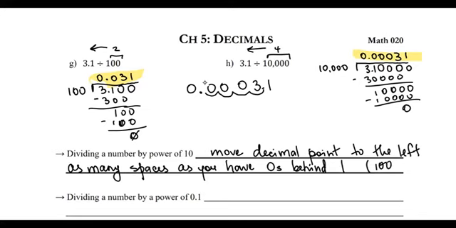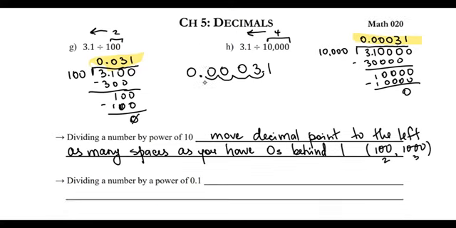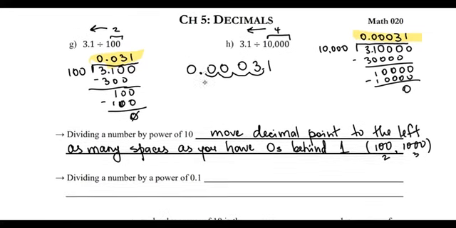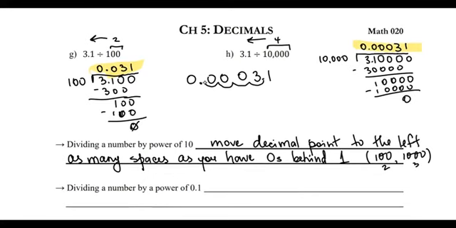So if you have 100, that means 2, 1,000, that means 3, and so forth. Behind your 1. Okay. All right, so this is dividing by a power of 10.